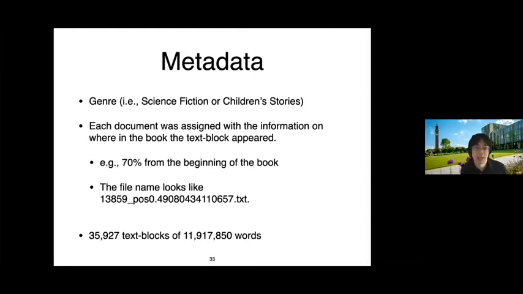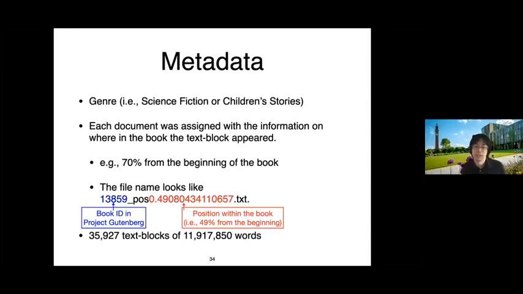The first part corresponds to the book ID in Project Gutenberg, and the red part, the digits that follow, indicate the position within the book. So 0.49 means 49% from the beginning of the book. In total, there are approximately 36,000 text blocks from 400 books, and together the corpus includes roughly 12 million words.